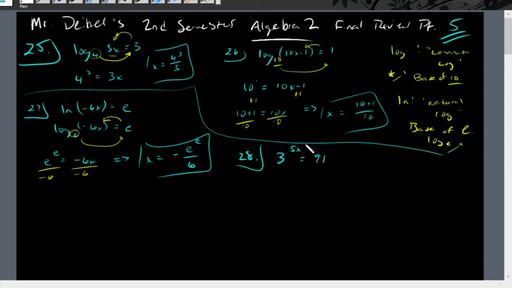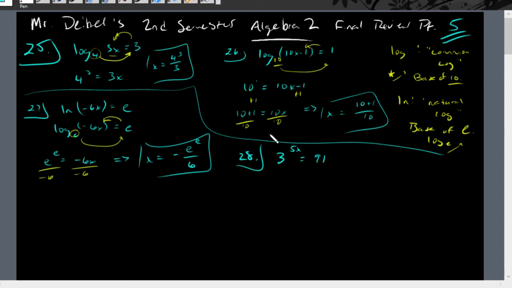To solve for a variable that is in the exponent, you need to convert it to a log. If you notice, when your problem is in log form and your variable is buried inside the log, converting to exponential form leaves it out in the open, right? It exposes it, which is good.